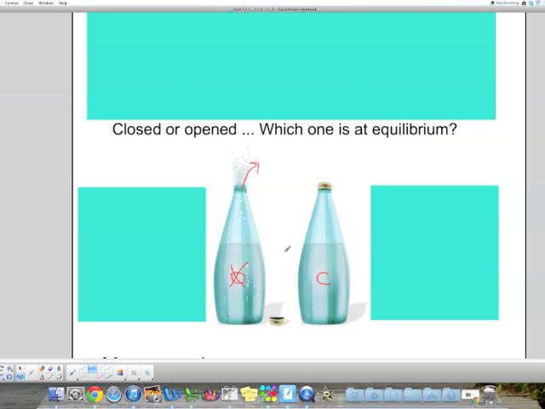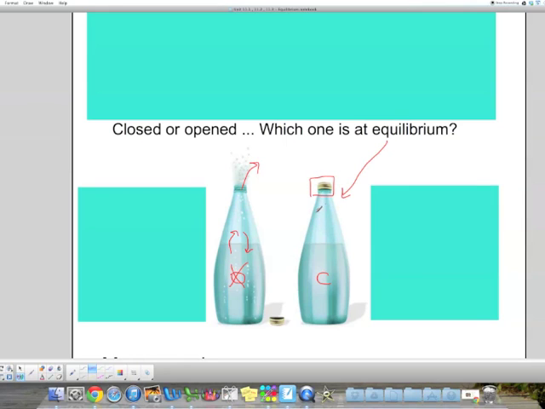So if you keep taking matter out of the system, it can't reach that perfect balance whereby some gas would evaporate and some gas would condense, because whatever is evaporating is even leaving the system. So there's not enough gas here for some of it anyways to condense. So you can't reach equilibrium. So the only way it could be at equilibrium is if it's closed.